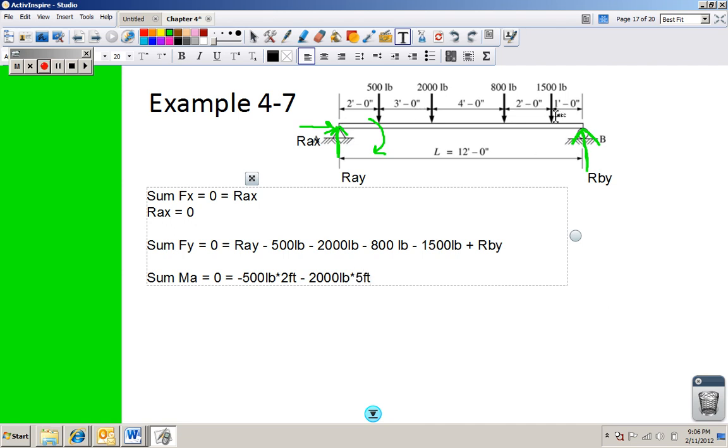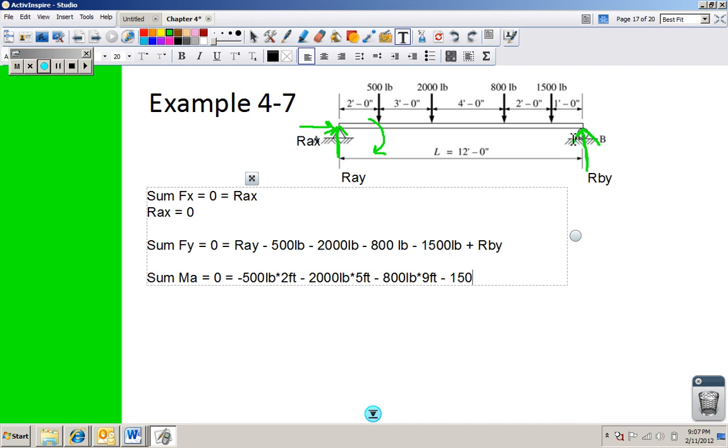So 800 pounds also going to cause a negative moment. We're pinned at A, we're pushing down here, that's going to be counterclockwise. So that'll be a negative sign again. 800 pounds times, okay, now we've got 2 plus 3 plus 4, 9 feet. Again, 1,500 pounds will cause a negative moment, a clockwise rotation.